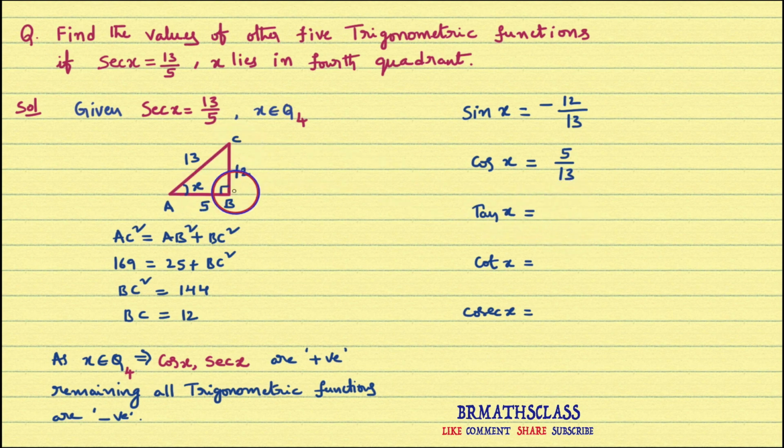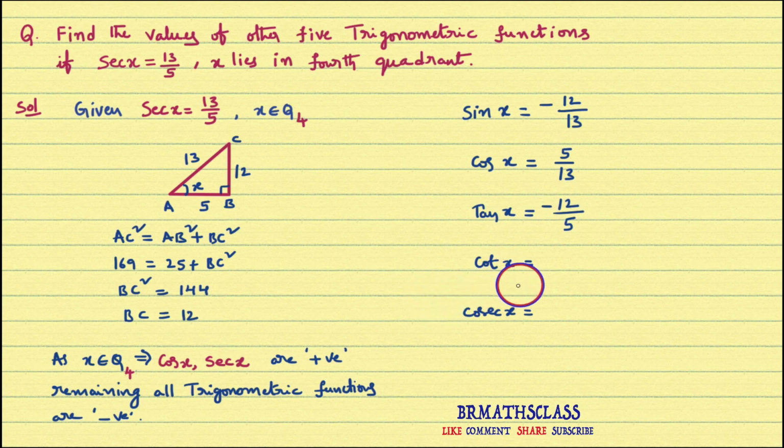That is 12 divided by 5. As x lies in the fourth quadrant, only cos x and secant x are positive, the remaining are negative. So tan x is negative, so tan x is minus 12 by 5.